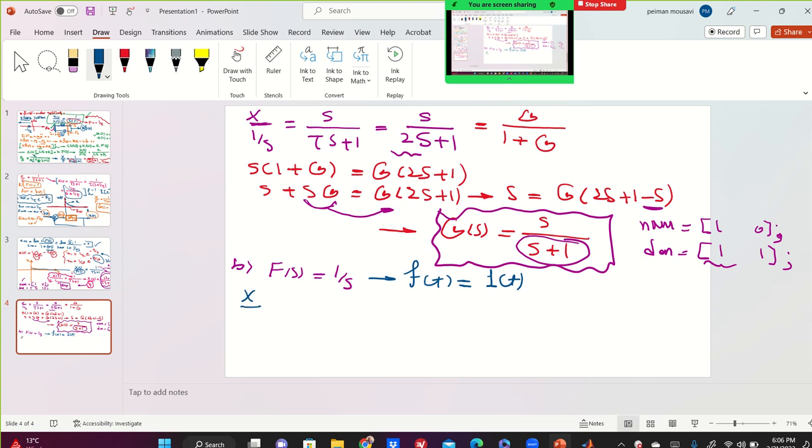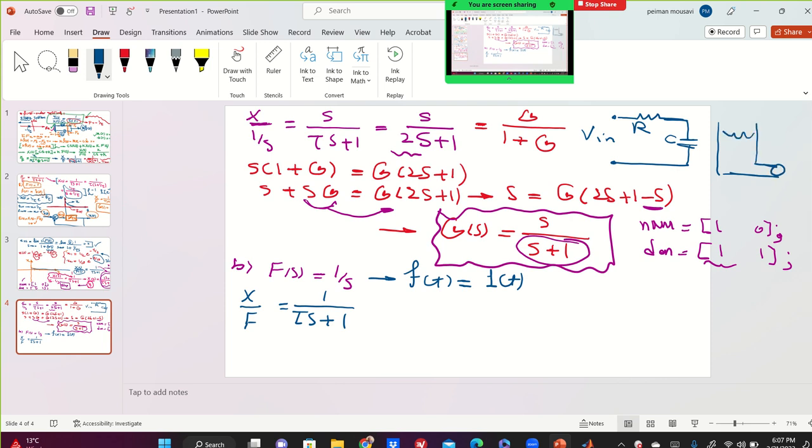So x over f was 1 over tau s plus 1 for the first order systems. Guys, before going ahead, this is also a first order system, so I'm going to teach it in detail in ME430. An RC circuit is a first order system. This is also a first order system. This is H, the tank of water or any fluid.